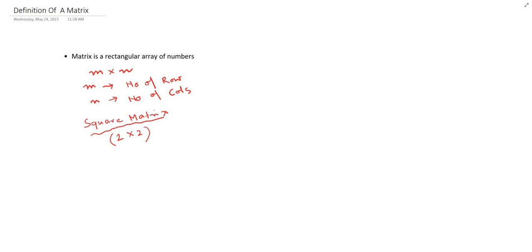So we will write it something like this. For a 2 by 2 matrix, for example, let's consider A is a matrix and it will be 1 0 2 3. I'm just using some numbers. So that's a 2 by 2 matrix.